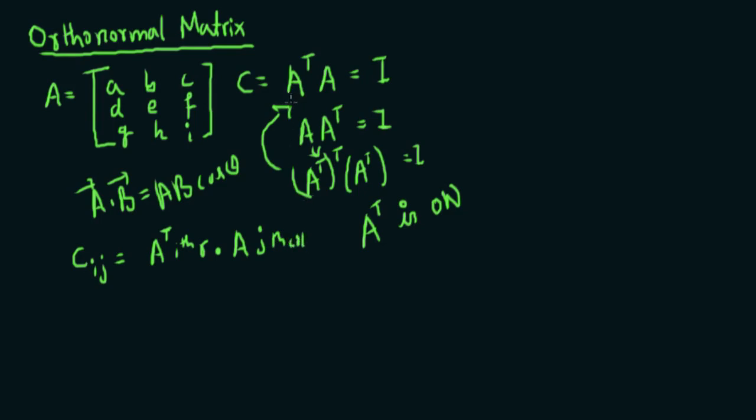Because we are multiplying A transpose and A, I am taking A transpose's ith row because this is i, and this A's jth column because I am looking at the jth entry.